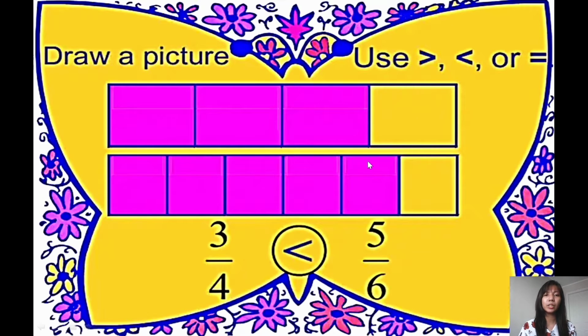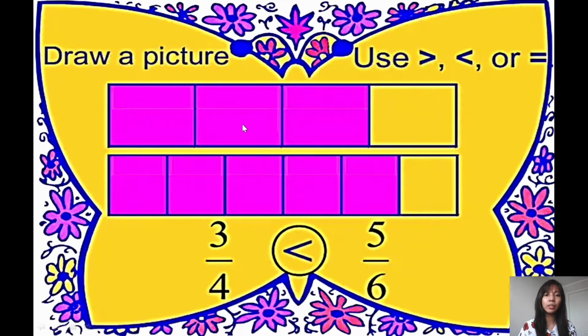So draw a picture. This is the example. By drawing, you will know which one is smaller and which one is larger. Alright? So we have here 3/4. Okay? So this is the drawing of the picture of the 3/4 fraction.